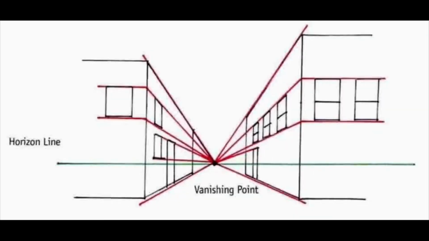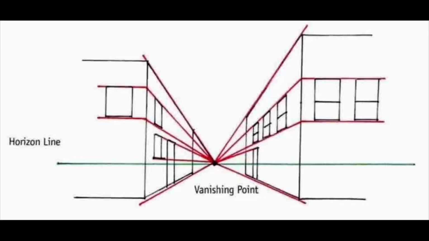Now, orthogonal lines and vanishing points, that shouldn't be a confusing term for you, but just in case you are not sure from last time, or if you didn't watch the video from last time, I'll go over what those mean quickly, and then we'll get started with our second drawing exercise. So as you see here, that point in the center is called the vanishing point, and that is where all of your lines are led to in a 1 point perspective drawing.